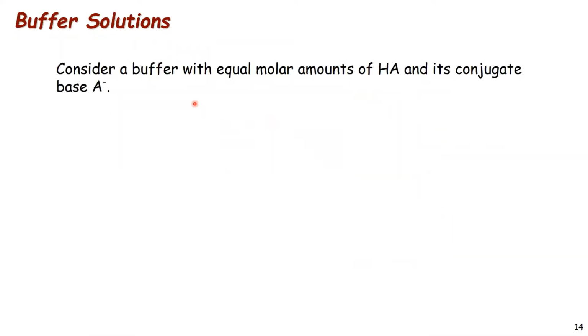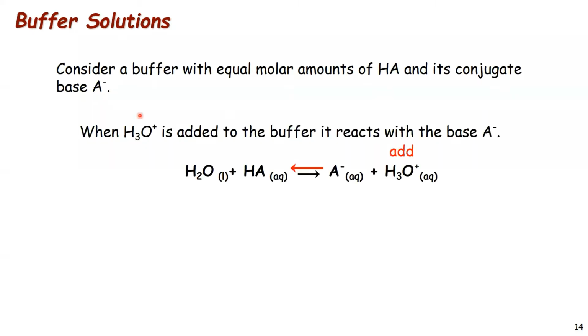So let's talk about buffer solutions. Let's consider a buffer with equal molar amounts of the acid, HA, and its conjugate base, right? For the conjugate base, we simply lose H+, which means it would be A-. Okay, so that's our generic acid, HA, and its generic conjugate base, A-.